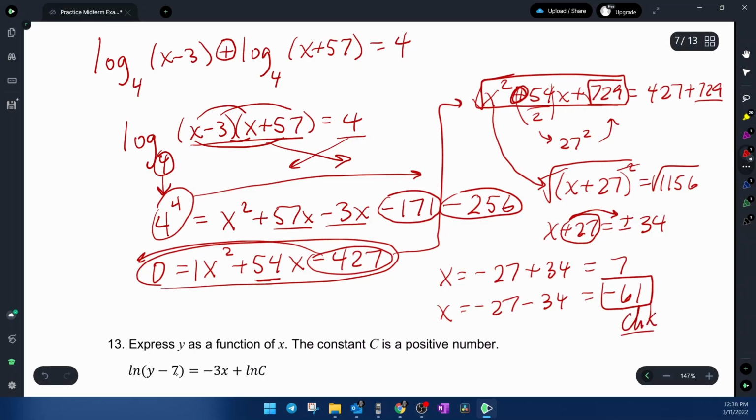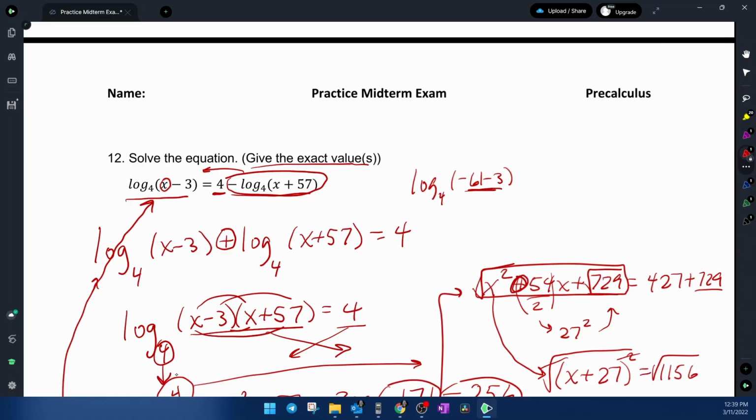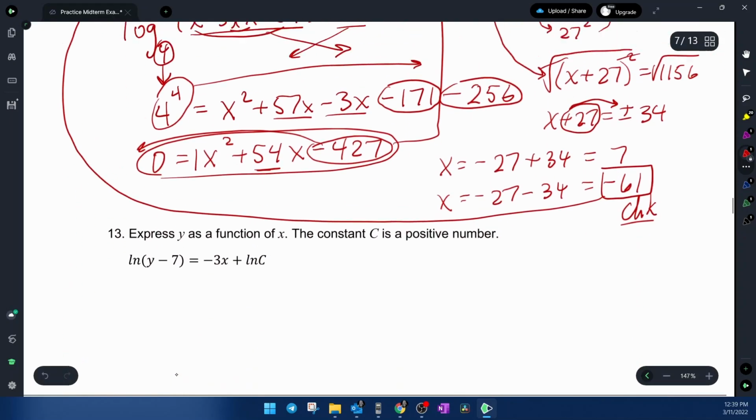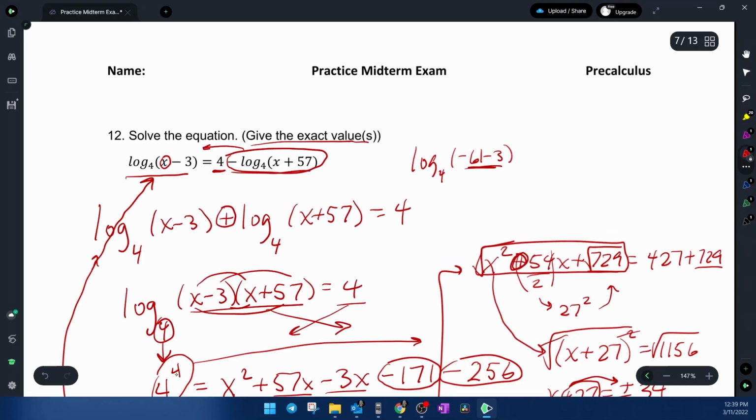I don't feel good about that. So taking that all the way back up to the original problem, if I replace x with negative 61, notice that's going to give me log base 4 of negative 61 minus 3, which would make me take the log of a negative number, which is not possible. So the negative 61 is not a valid solution, and so I believe the 7 is the only valid solution.